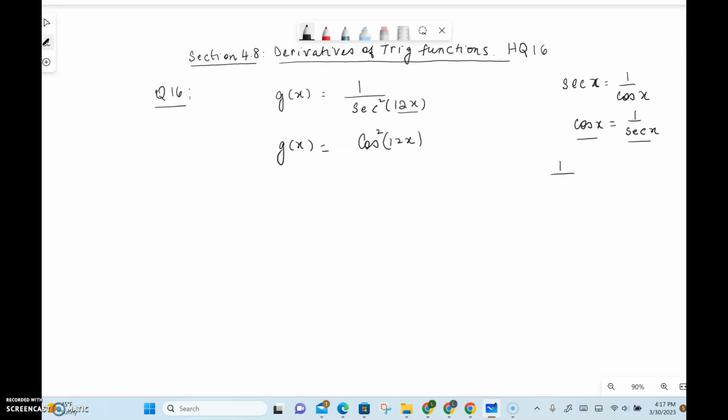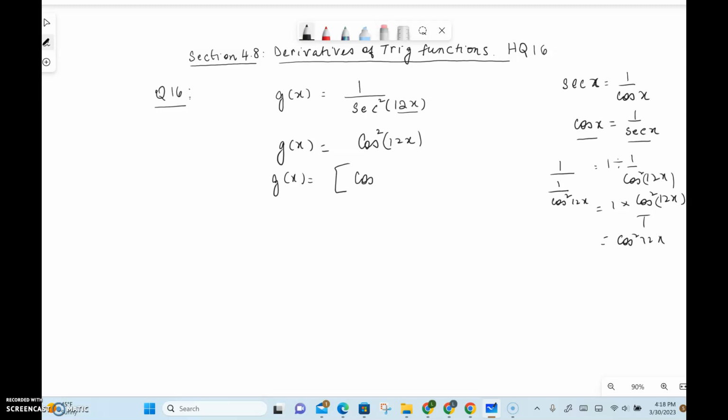So 1 divided by 1 over cosine squared of 12x is 1 multiplied by cosine squared of 12x divided by 1, which is really cosine squared of 12x.